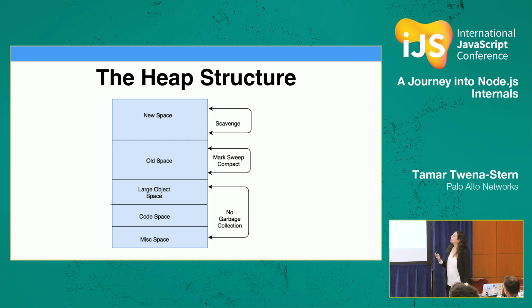Now the heap structure. The heap is generational, a generational object life system. All the new objects are in the new space, and the old objects are in the old space. The algorithm for garbage collection in the new space is called Scavenge, and the algorithm for garbage collection in the old space is called mark sweep.